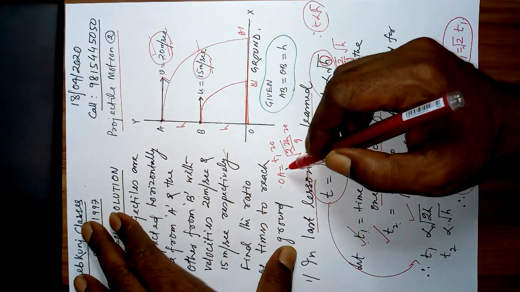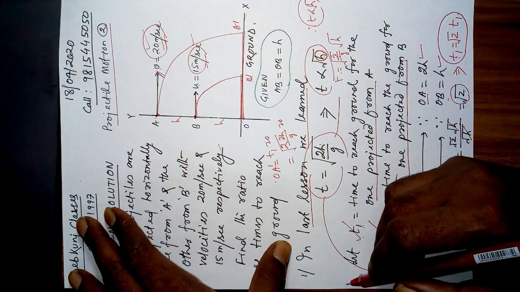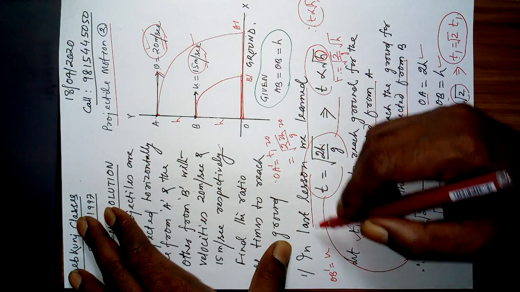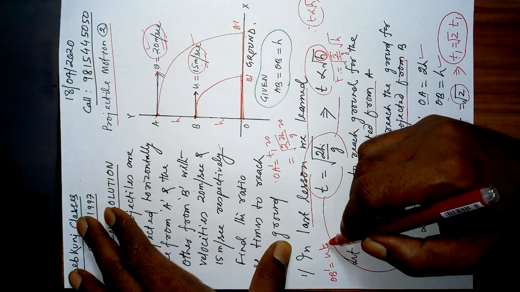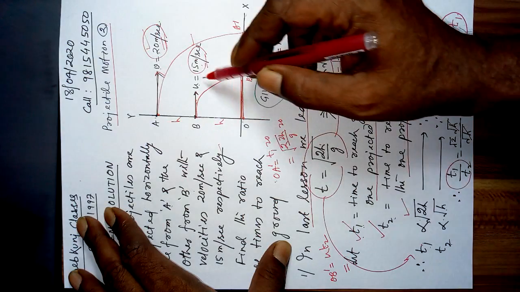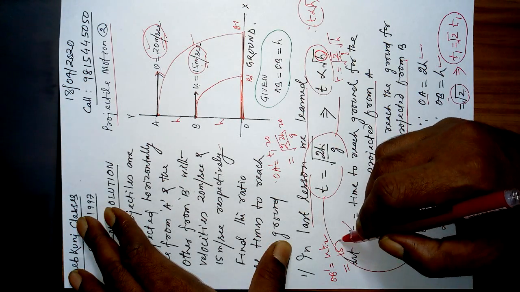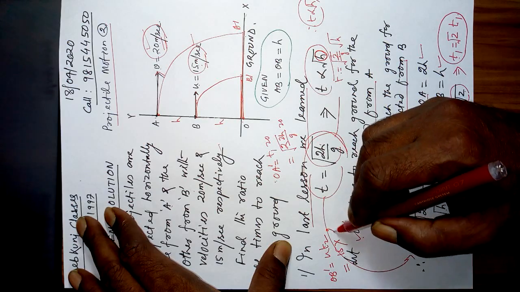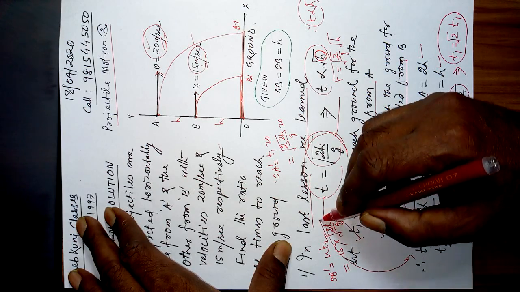Similarly OB dash will be this speed into time t2. This is given as 15, and t2 for the second one uses this expression, square root of 2H over G.